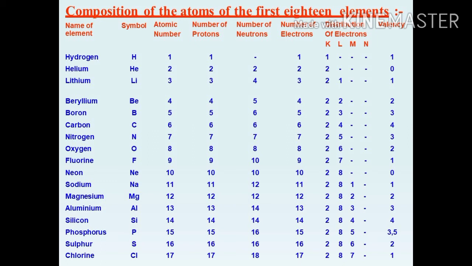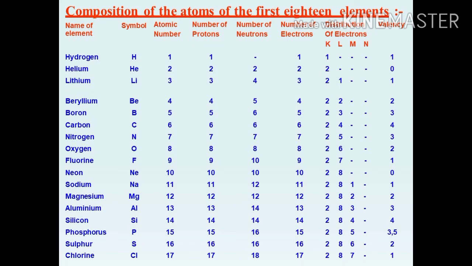So electron distribution, K shell 2, L shell 5. Valency is 3. How is valency 3? In the second shell 5 is there, and it needs 3 more. So valence is 3.